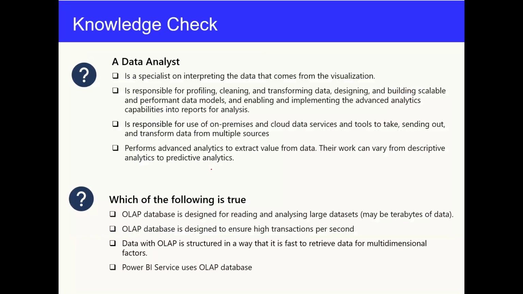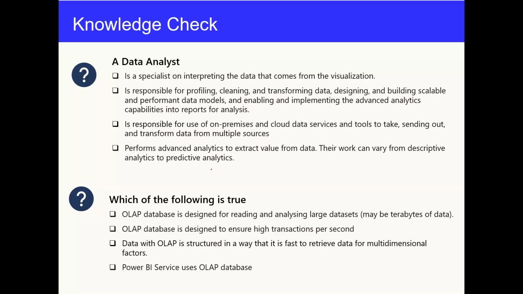So, who is a data analyst? A data analyst is a specialist in interpreting the data that comes from the visualizations. Second one is responsible for profiling, cleaning, and transforming data. Third is responsible for on-premise and cloud data services and tools, that is, managing the data sources.